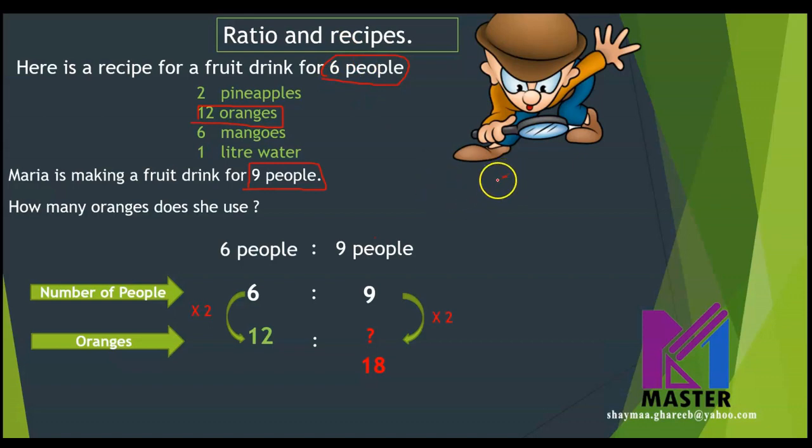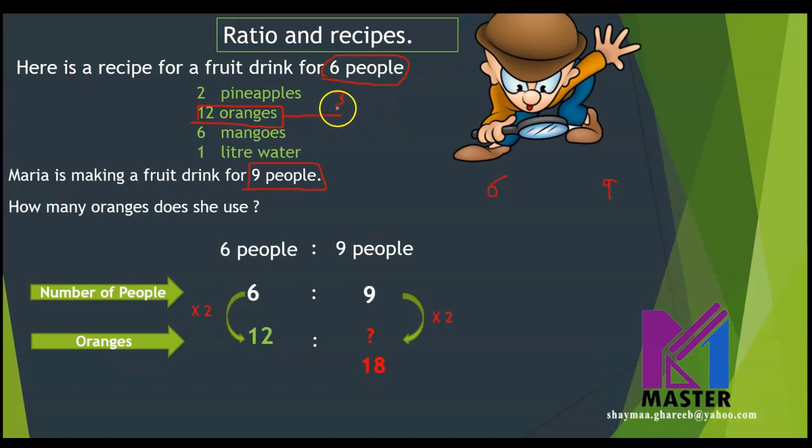Let's compare number 6 to number 9. If I asked you if Maria wants to serve only 3 people, 3 is half of the 6, which means she will use half of the amount of each ingredient. So how many oranges will she use if she wants to serve 6 people? We said 12.